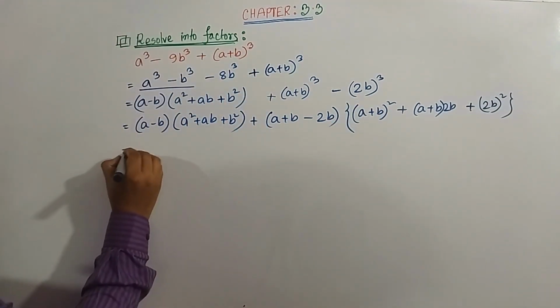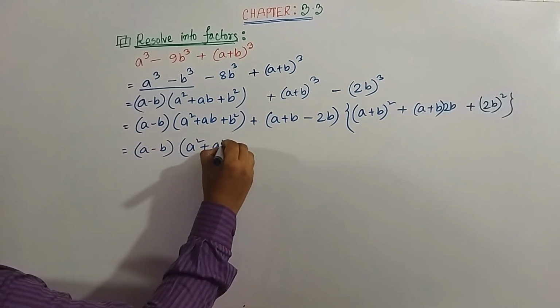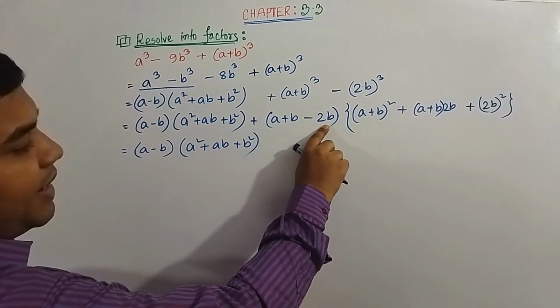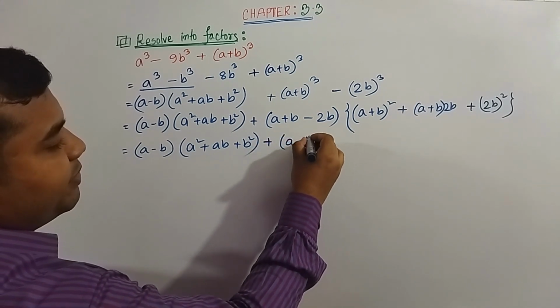So here we have found that a minus b will remain the same thing. Again this part will be no sense, and a plus b, and there is minus 2b, so if we subtract it, then we will get a minus b.